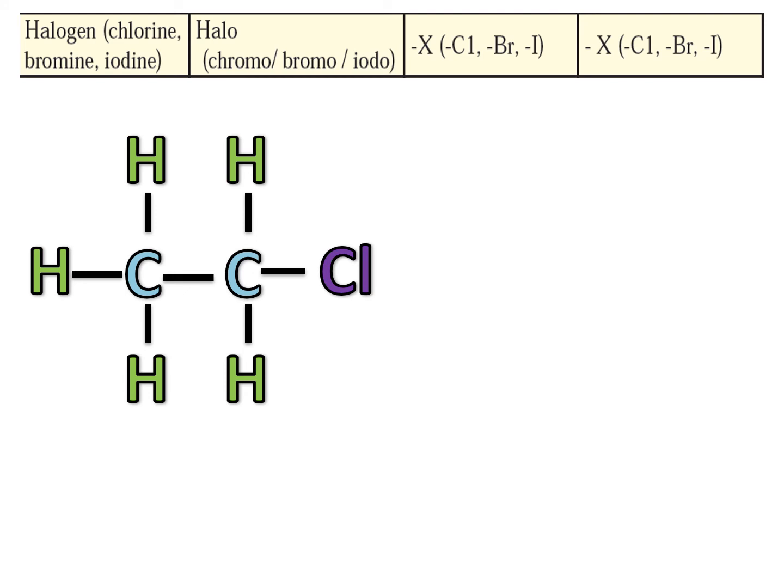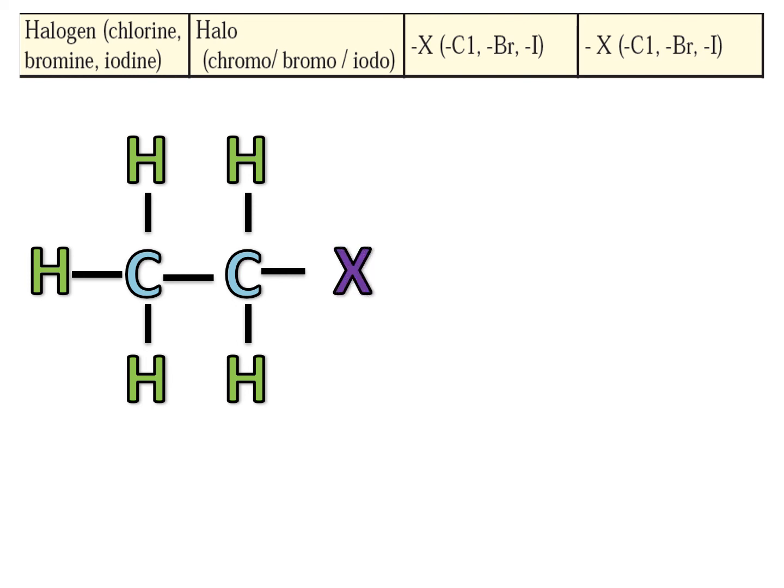If I take this as my alkane, I replace the hydrogen atom with any of the halogen atoms. So I can replace it with Cl, that is chlorine. I can replace it with bromine, that is Br, or I can replace it with I. So this is my halogen which I can replace on my alkane.